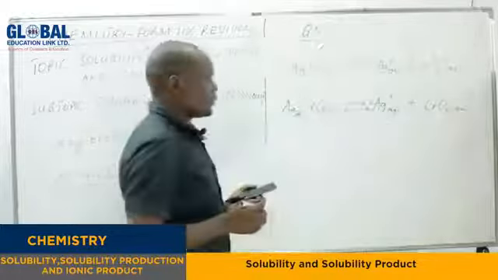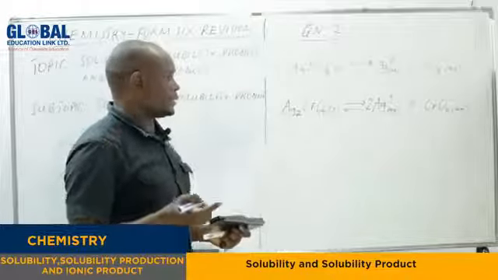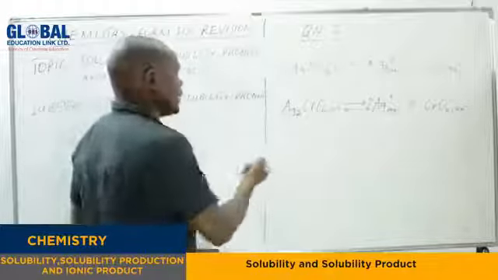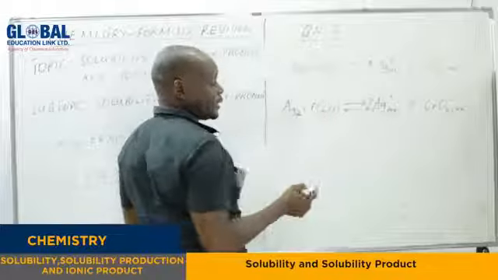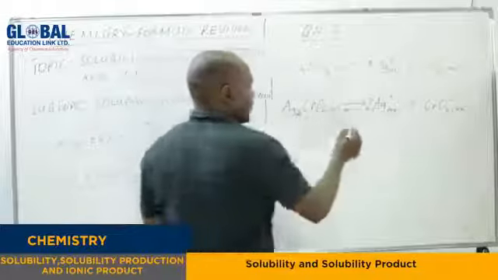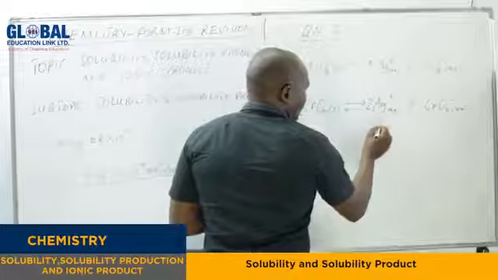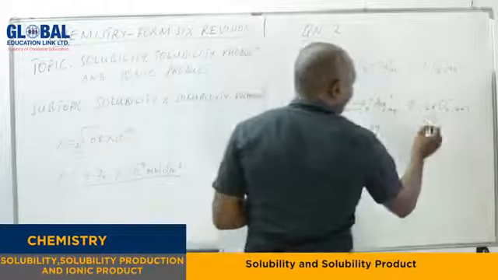Aqueous. Now remember, we said that if we rate the solubility of silver chromate in this one, let us call it Y. So here will be 2Y, and here will be what?